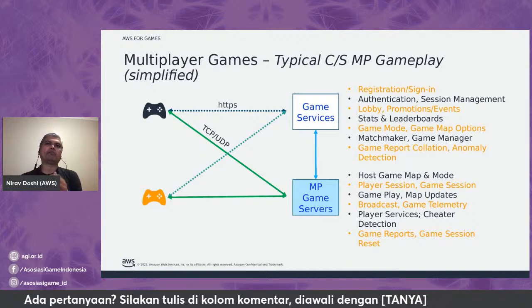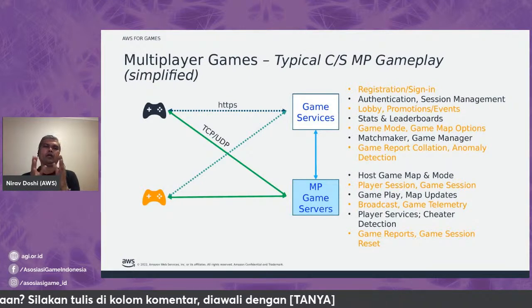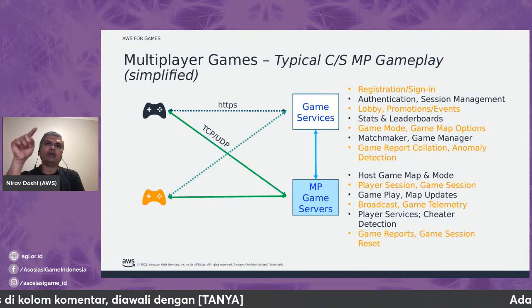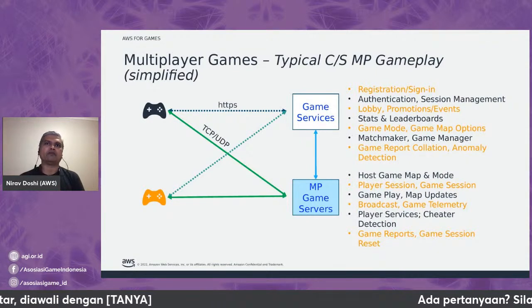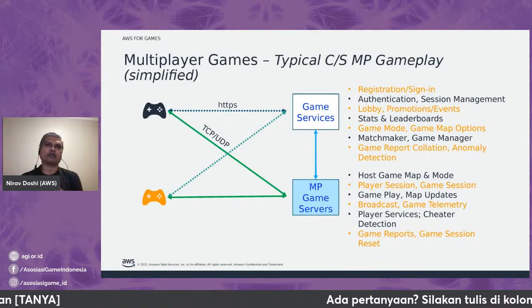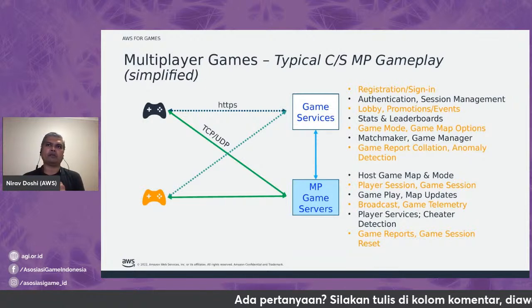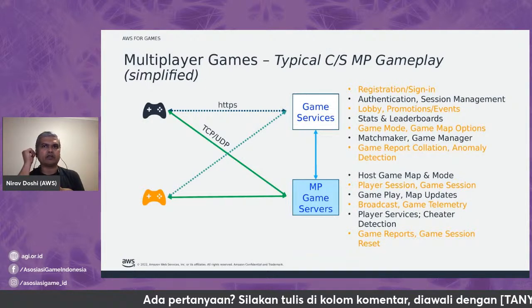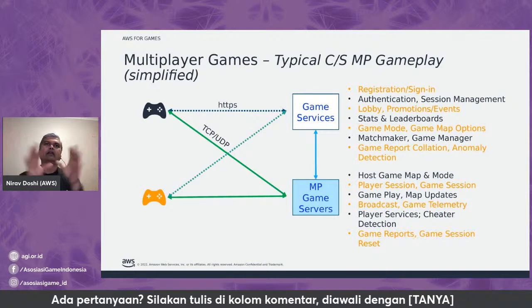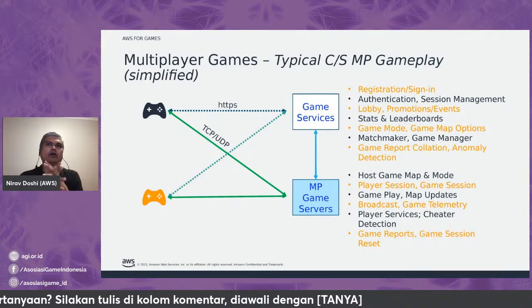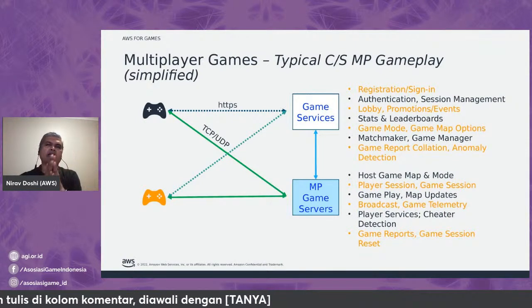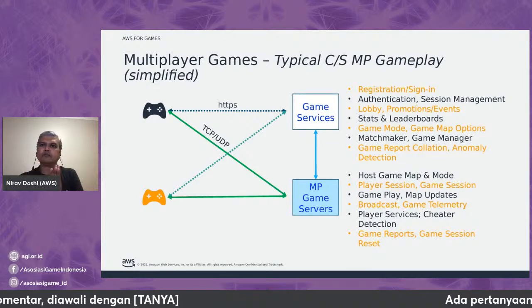After the game is completed, they would submit game reports. The game reports would be collated at the game services, and any anomaly detection that has to happen before it gets written to the database will also be performed at the game services. So this is a classic, very simplified example of client server multiplayer gameplay.